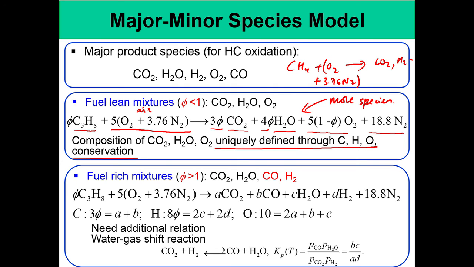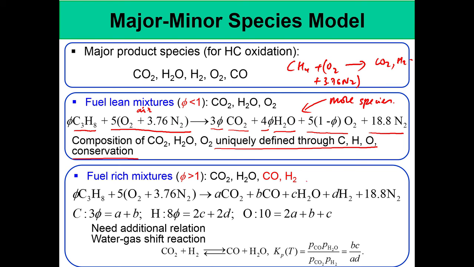You can have some hydroxyl, some trace amount of CO, and many other molecules that will be formed. So, if you include more species, you cannot determine the equilibrium composition through just this elemental balance.